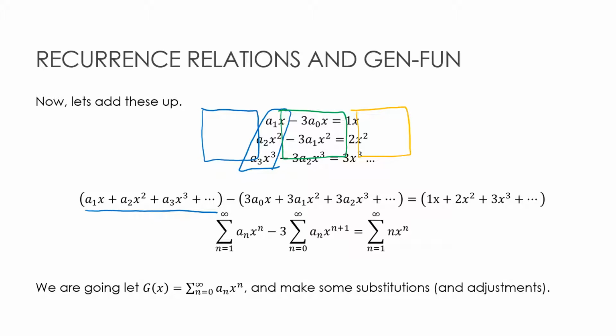And I can further simplify that series to essentially the summation as n goes from 1 to infinity of a sub n x to the n. And again, you can see that that pattern fits.